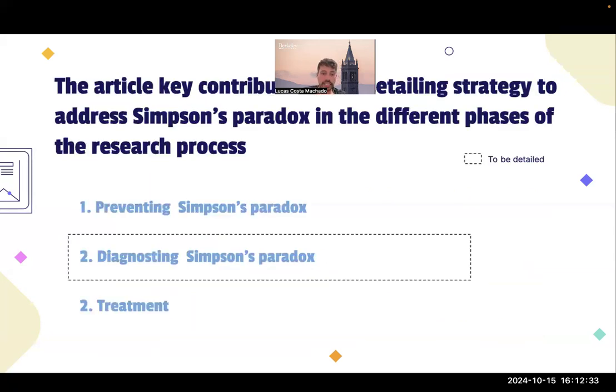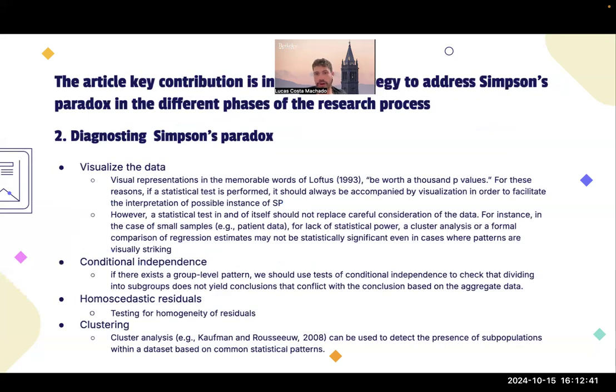The second part discusses how to work when diagnosing Simpson's paradox. You have already collected the data, so what should we do? Here the article discusses four steps. The first one is to visualize the data.